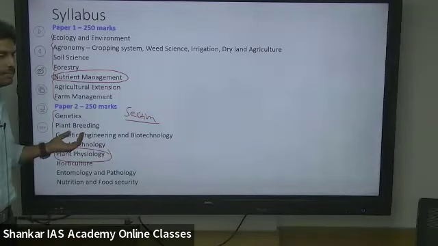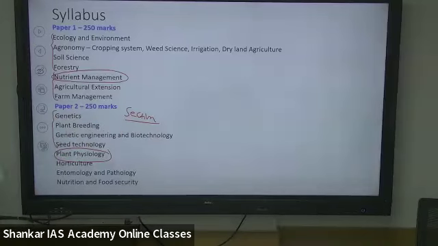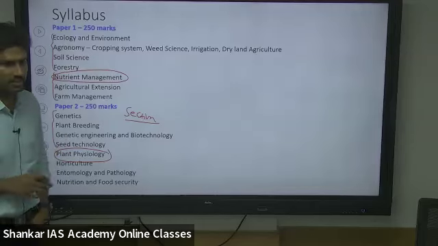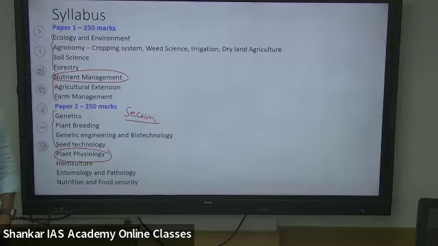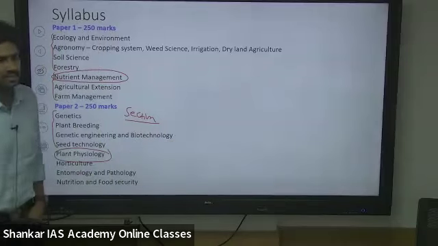If you attempt more questions from section A in paper 2, there is a chance that you will get more marks. This is one common strategy in the agriculture paper. In paper 1 it's based on your convenience, but paper 2 follows this idea. So my suggestion is to attempt more questions from the technical subjects.